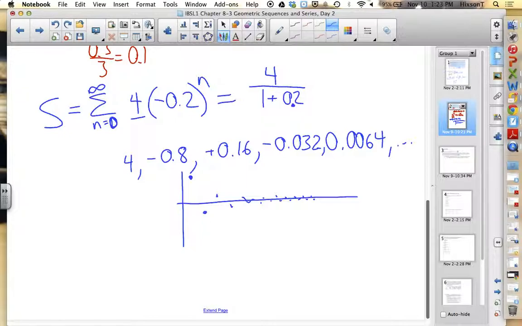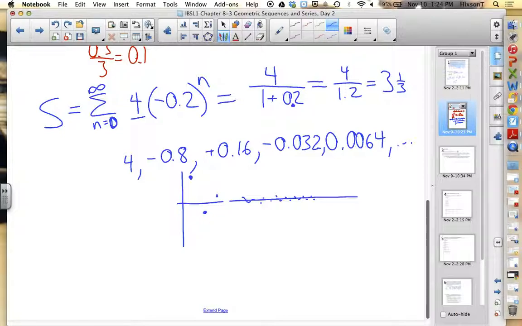So now it's 1.2, 4 divided by 1.2, and that's going to be 3 1/3. It makes sense just by looking. It makes sense that it's going to be probably less than 4, because we have 4, but then we're subtracting and adding, subtracting, adding, subtracting, and so on.